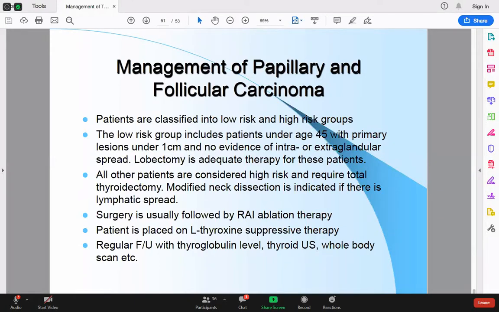For those people at high risk, you may end up doing a total thyroidectomy because you don't want a micro metastasis or a recurrence in the future, and you may end up doing a neck dissection to take the lymph nodes out in case of lymphatic spread. After the surgery, it can be followed by radioactive ablation therapy.